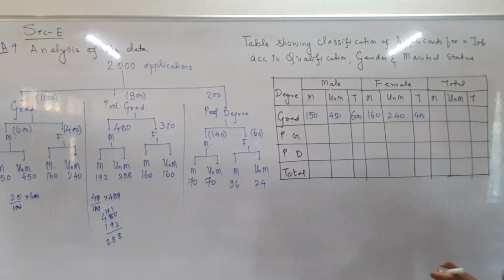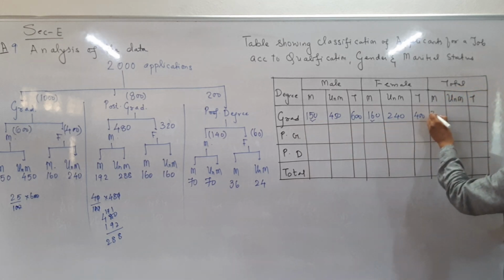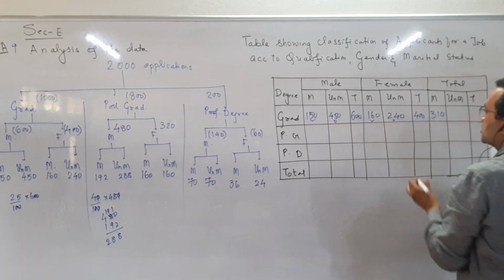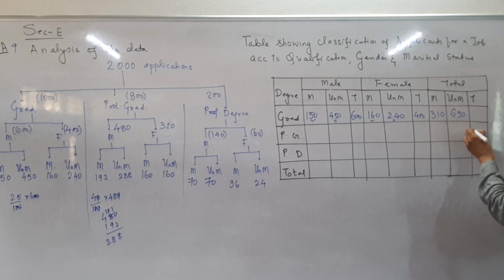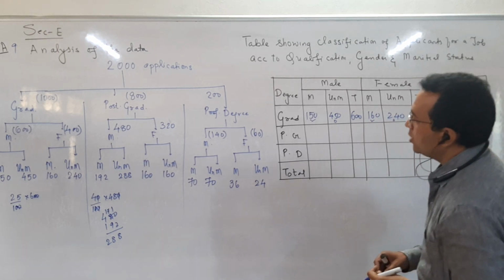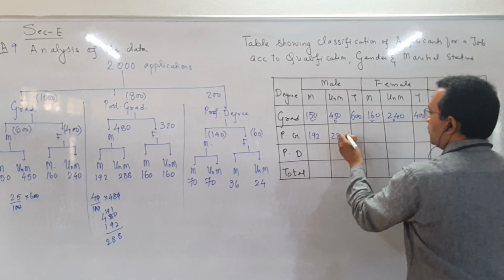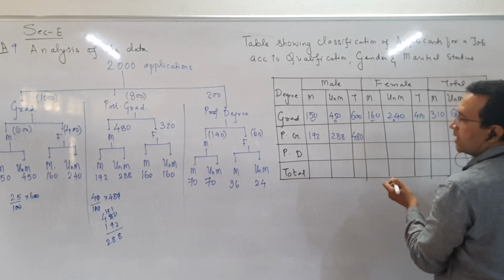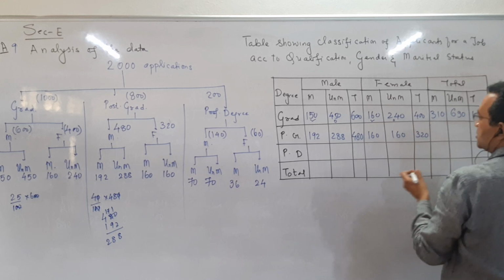How many married persons were there? 150 plus 160, so 310. How many unmarried? 450 plus 240, so 690, and total was 1000. Now postgraduate male married were 192, unmarried were 288, total were 480, female married were 160, unmarried were 160, total is 320.